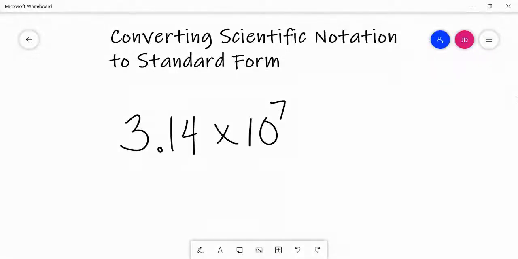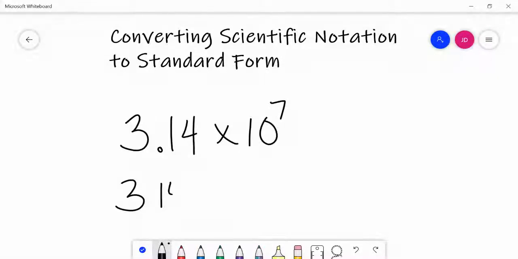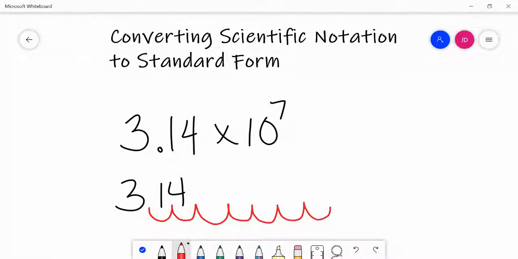So I'm going to rewrite my number, 314, without the decimal point. Since I'm making this into a really big number, I'm going to move the decimal spot over 7 times. 1, 2, 3, 4, 5, 6, 7. There's my new decimal point.